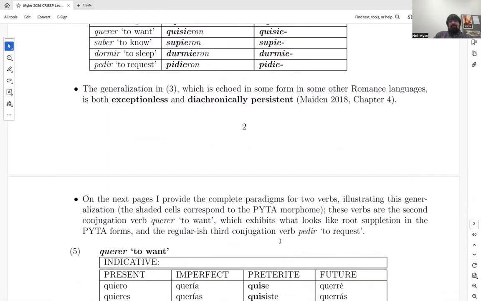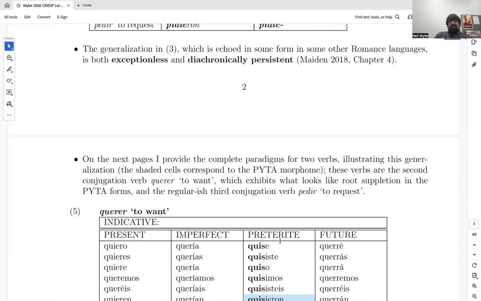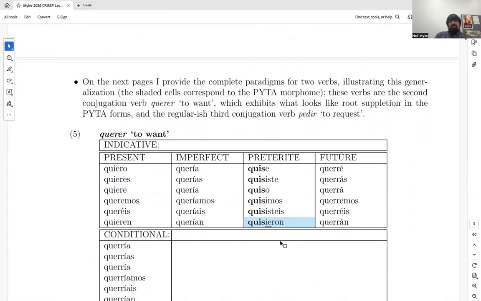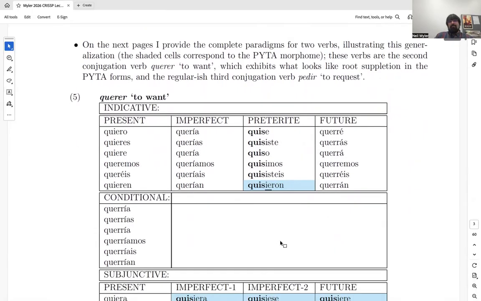And on the next pages, I provide the complete paradigms for 2 verbs illustrating this generalization, where the shaded cells correspond to the PYTA morphome. The verbs are the second conjugation verb querer, which exhibits what looks like root suppletion in the PYTA forms, and the regular-ish third conjugation verb pedir.